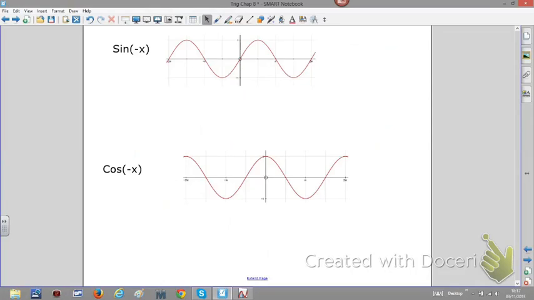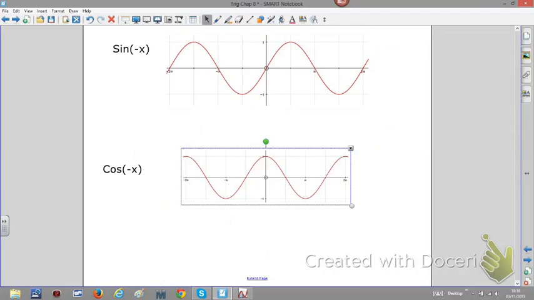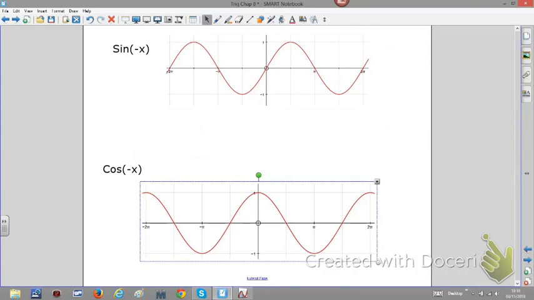Now another fact about sine and cos, to do with the symmetry. Now sine of minus x. I'll make that graph a little bit bigger, and the cos one as well. Now sine of minus x, so let's say we pick a value for x, and that's over here, so I'll call that x, and then we do exactly the same distance on the negative side, and that will be minus x.